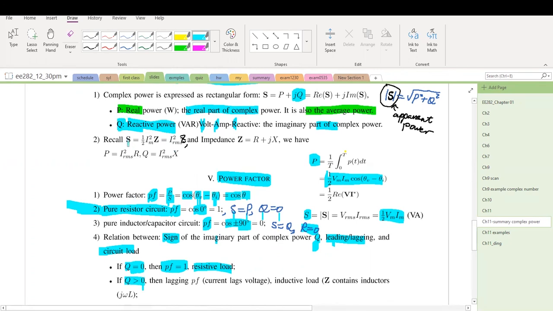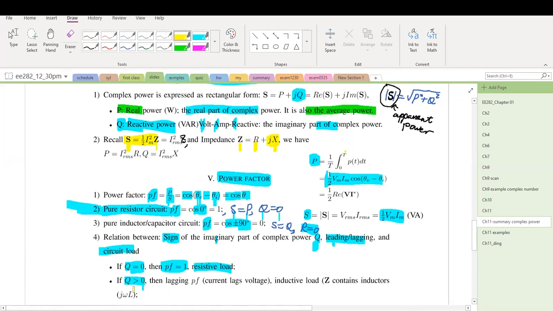Let's recall this relationship: S equals half Im squared multiplied by Z. From this relationship, we can see the real part of the complex power has the same sign as the real part of the impedance. The imaginary part of the complex power has the same sign as the imaginary part of the impedance.